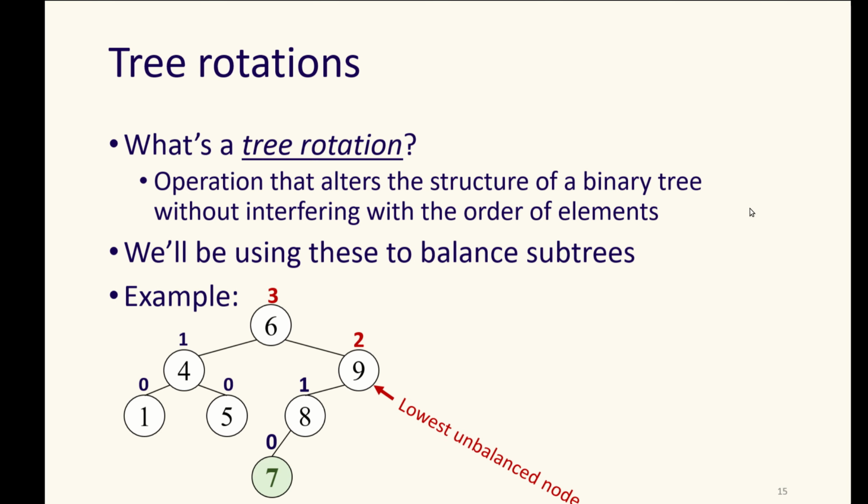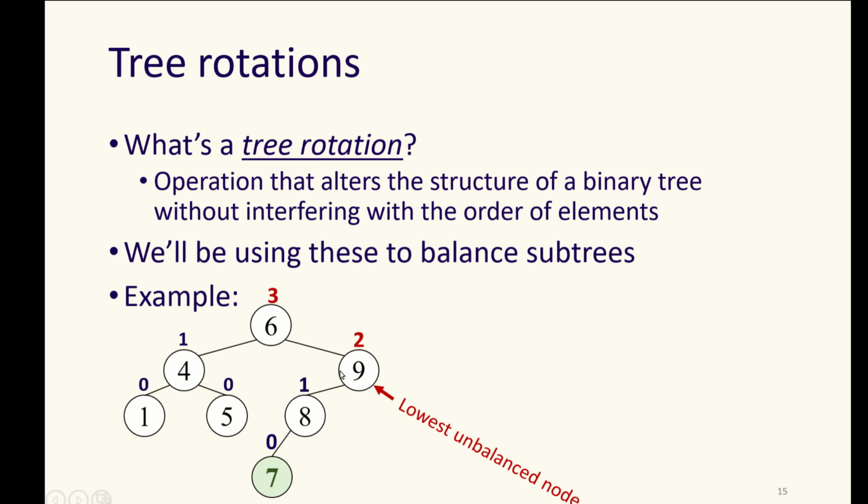For example, that one I was mentioning before, we inserted the 7, it threw off the balance of this binary search tree, but if we look at the lowest unbalanced node, which is on the path from the 7 which was inserted up to the root, we could look at the 7, see if its parent got unbalanced. It's actually not that bad, so it's fine.